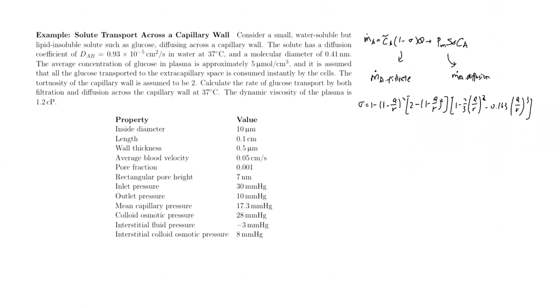It gives us the molecular diameter, so a is 0.41 nanometer divided by 2. And r is the radius of the pore, and it gives us the height in the table, so it's just 7 nanometer divided by 2. You can use it as a radius.